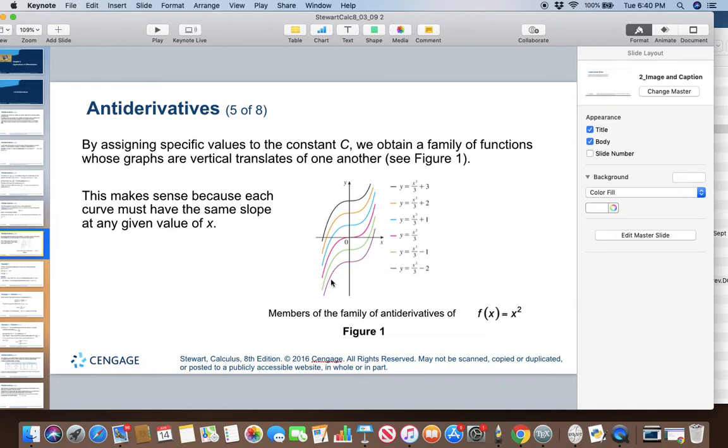Yes, that is why they all have the same derivative. Adding a constant or subtracting a constant will not change their slope. Okay, so all of these functions have derivative x squared.